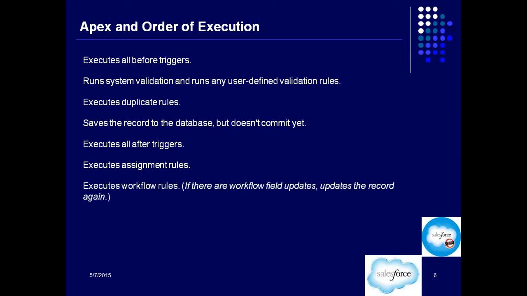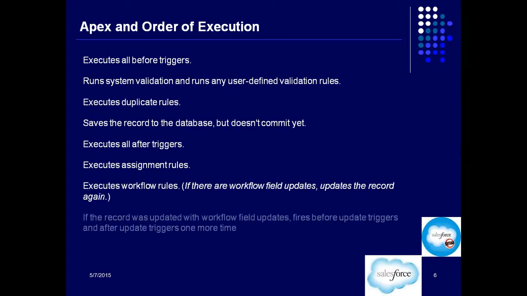It executes workflow rules. If there are workflow field updates, it updates the record again. So it again will update the record if there are field updates in the workflow.